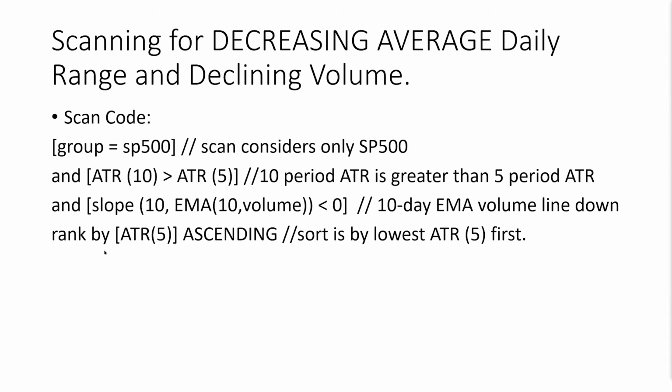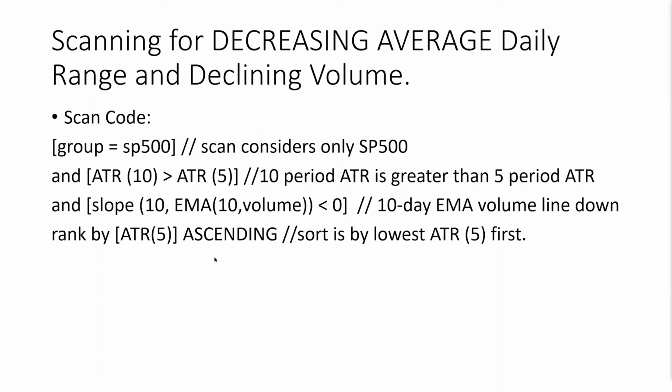We're going to define these variables by looking at the average true range and the slope of a line, a 10-period line of volume, and then we'll rank these by their average true range. But we'll use the ascending feature on the ranking, meaning we'll go from smallest to largest.